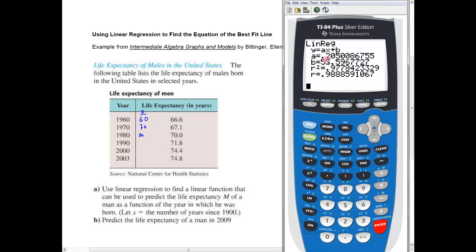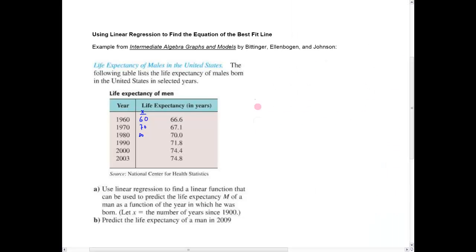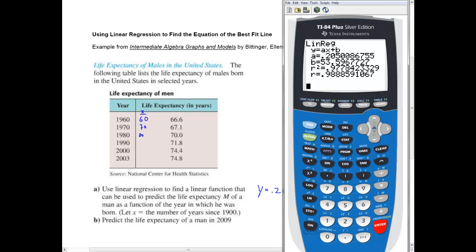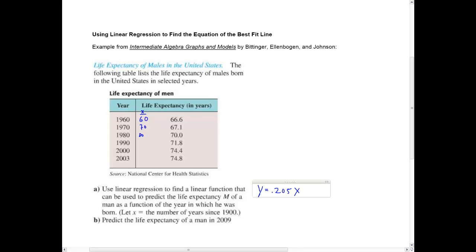So this data is in fact pretty linear. Now I can write those things down: y equals about 0.205x, and the b is 53.597 if I round that off, so y equals 0.205x plus 53.597.